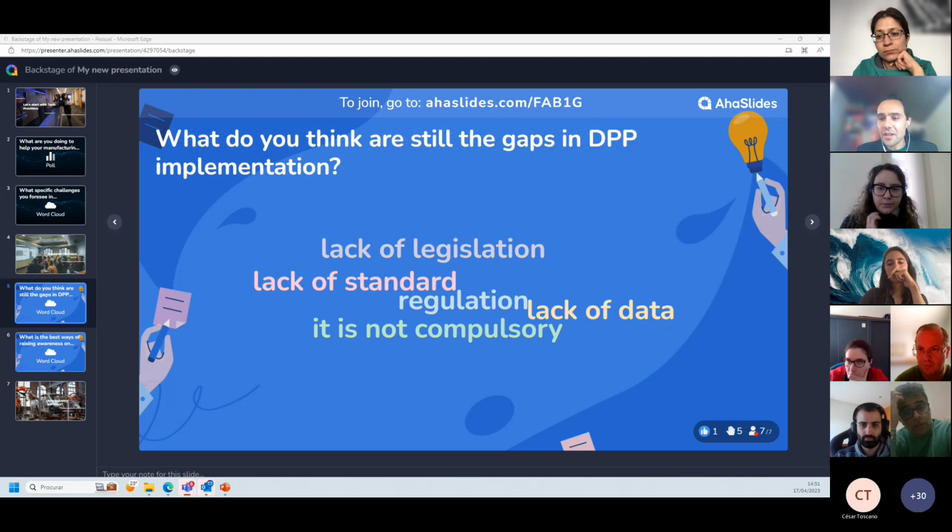So checking the other answers, it says not just specifying data requirements, but also the quality of data. Yes, it was the Varajan. So I guess that is a topic that we are already working on in the Sistrade project. So Jose, we also have the analysis of the quality of data on the IPC.